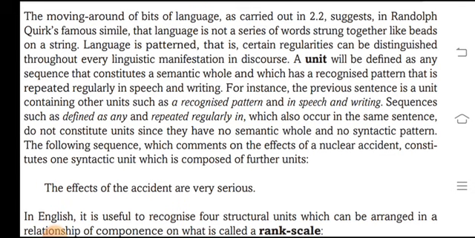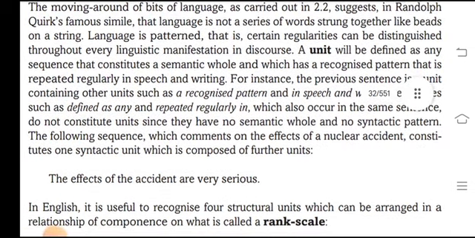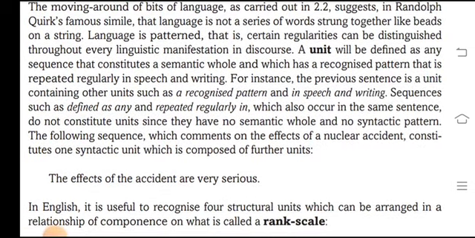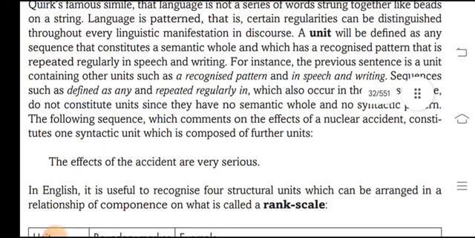Language is a pattern, that is, certain regularities can be distinguished throughout every linguistic manifestation in discourse. A unit will be defined as any sequence that constitutes a semantic whole, which has a recognized pattern that is repeated regularly in speech and writing. For instance, the previous sentence is a unit containing other units, such as other recognized patterns in speech and writing.